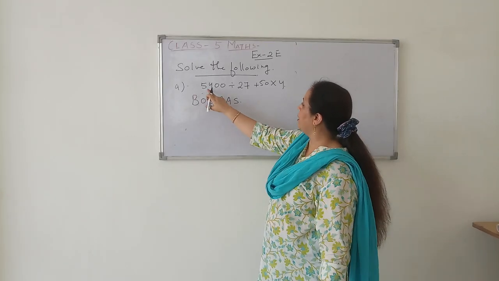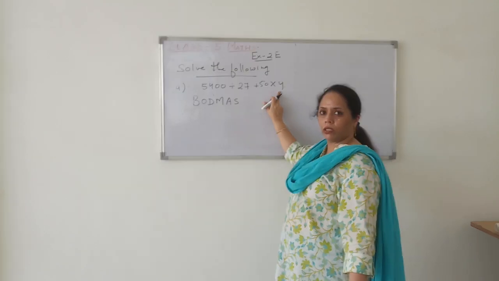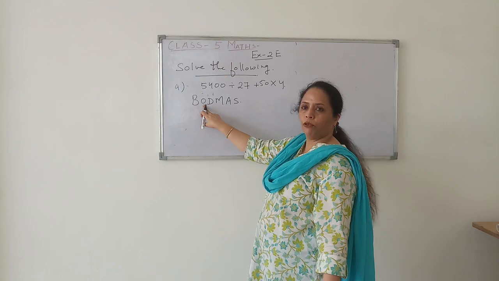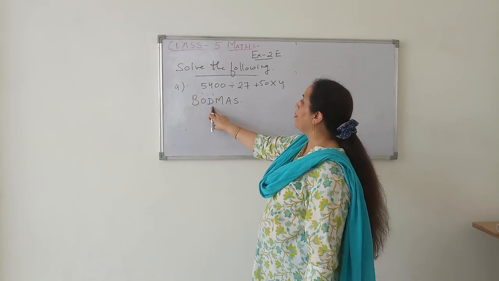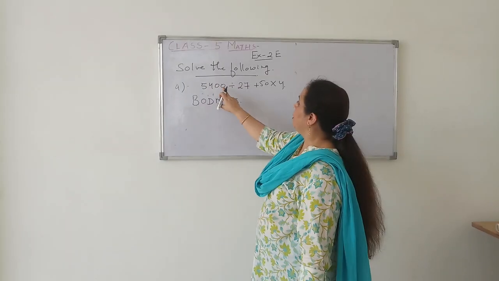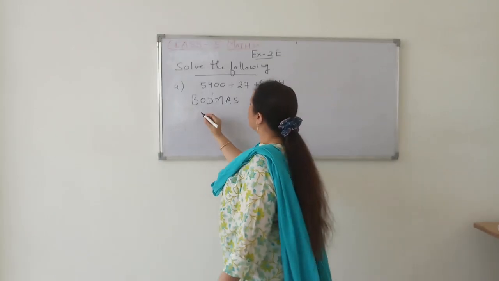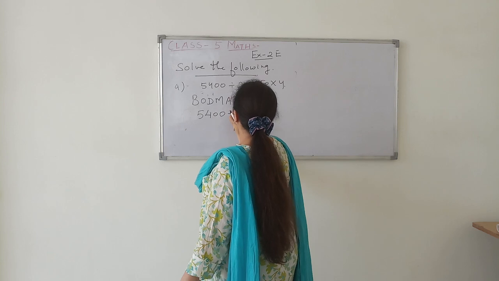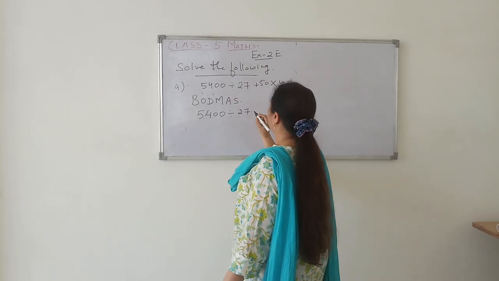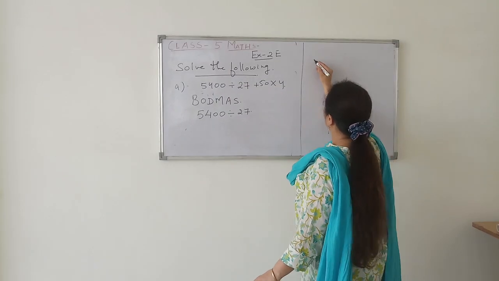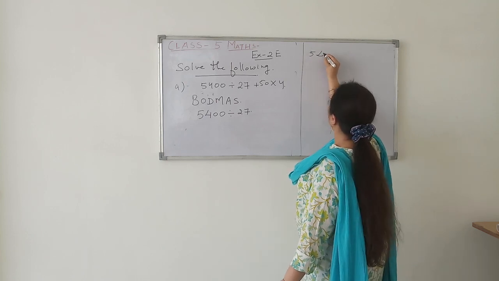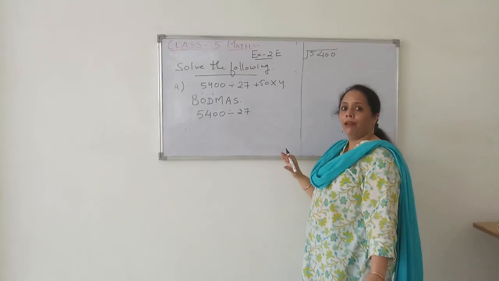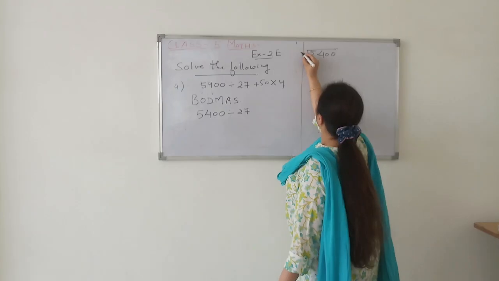First we have to see whether we have the bracket or not. If we are not having the bracket, then we will see the of also. We are not having it here, so we are having a division. First we will be doing the division. So first we will take this portion 5400 divided by 27, and in the rough work you see, don't forget to do the rough work, because in the exams you will be getting the marks on the rough work also. 27.